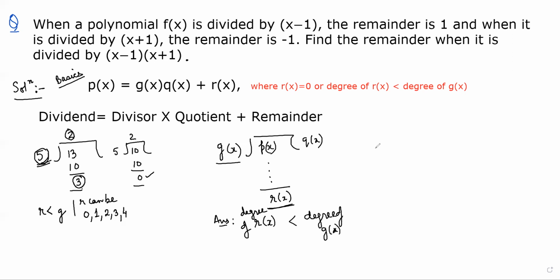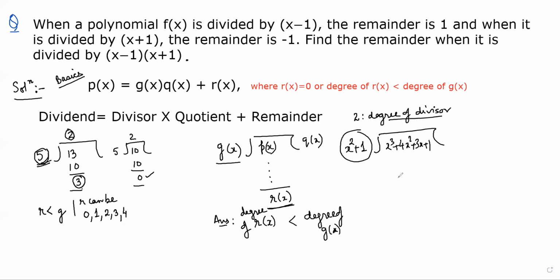What does this mean? Suppose we have a polynomial, say x cube plus 4x square plus 3x plus 1, and we divide by something like x square plus 1. What is the degree of this divisor? The degree of the divisor is 2.